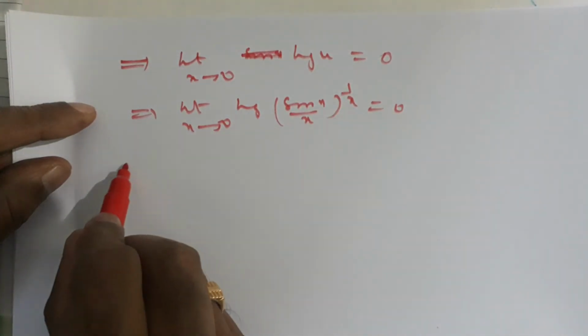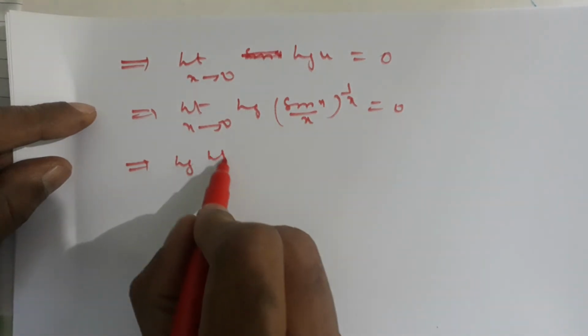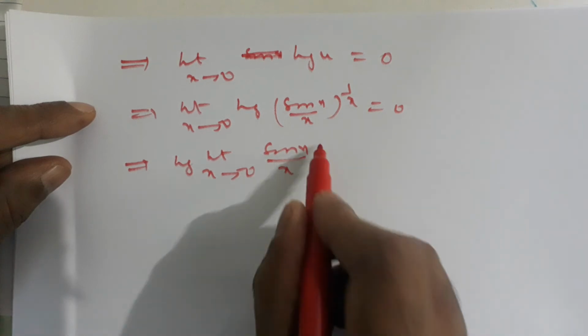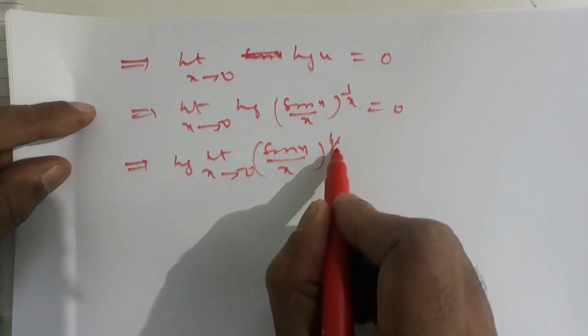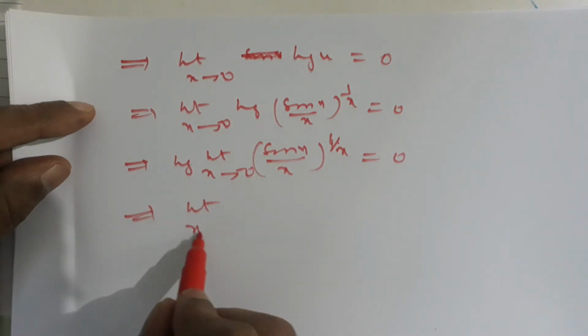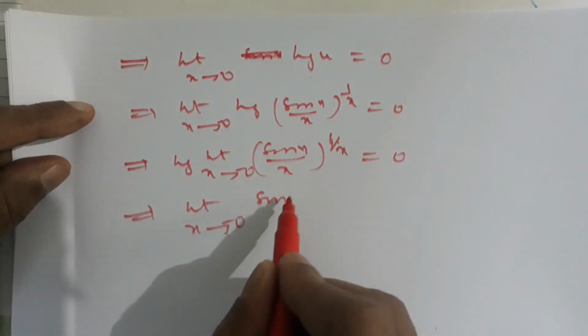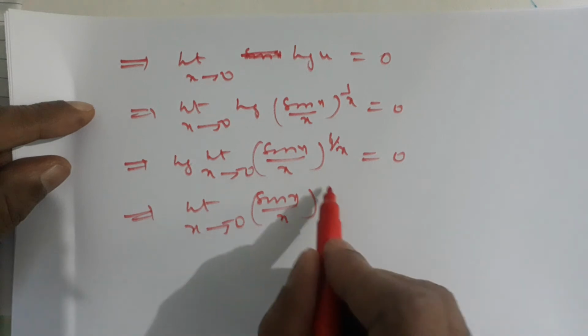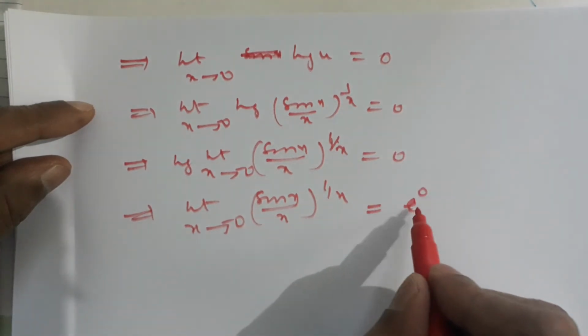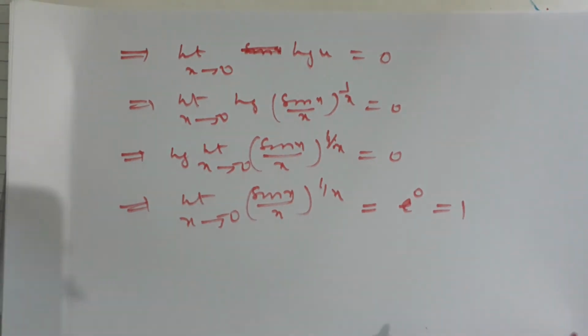So limit of the log is log of the limit, so log limit x tends to 0 of (sin x by x) whole to the power of 1 by x is equal to 0. This implies limit x tends to 0 of (sin x by x) whole power 1 by x is equal to e power 0, which is equal to 1.